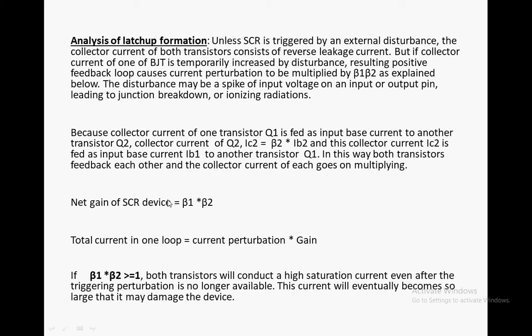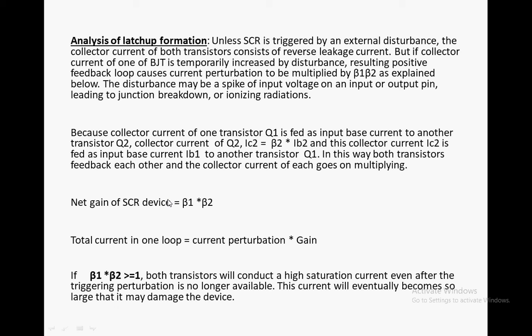Because the collector current of one transistor Q1 is fed as input base current to the other transistor Q2, the collector current of Q2, IC2, is equal to beta 1 times beta 2 times base current IB2, and this collector current IC2 is fed as input base current IB1 to the other transistor Q1.